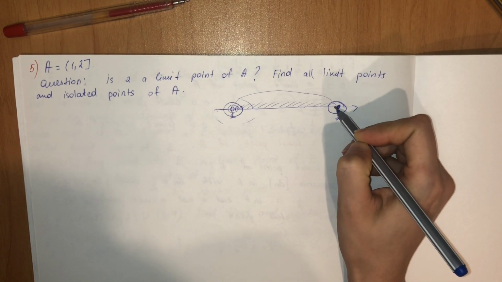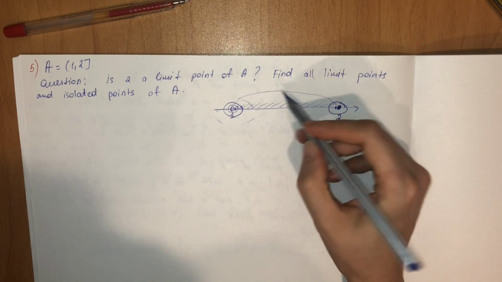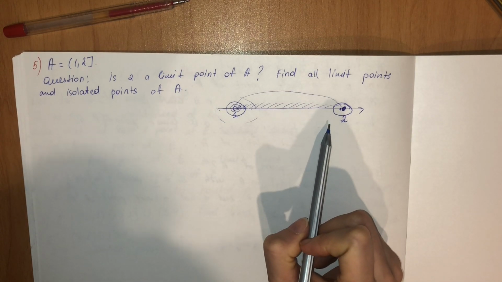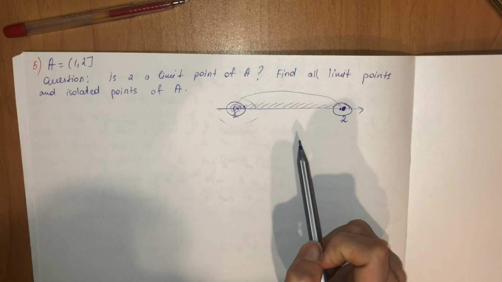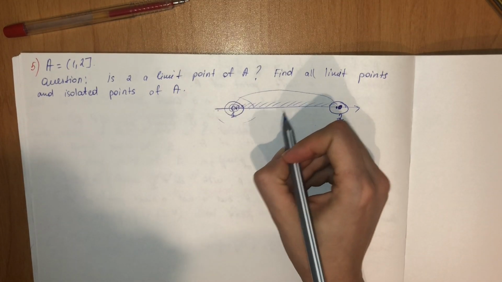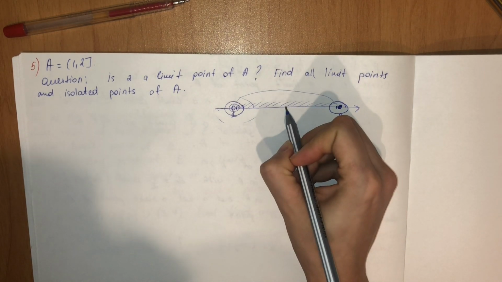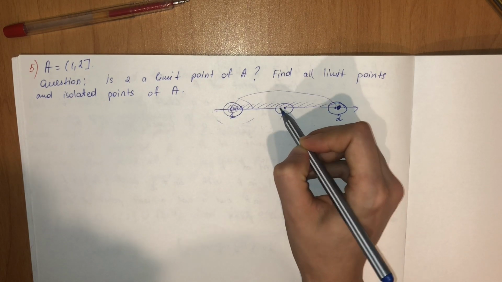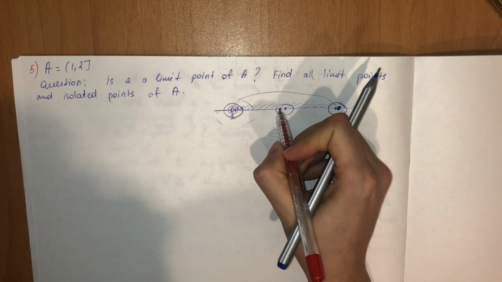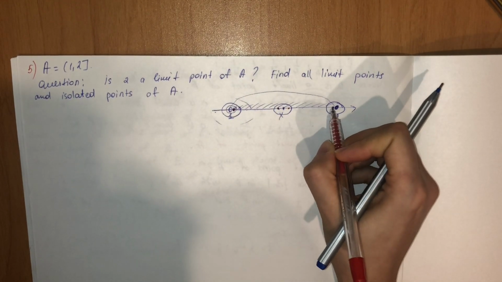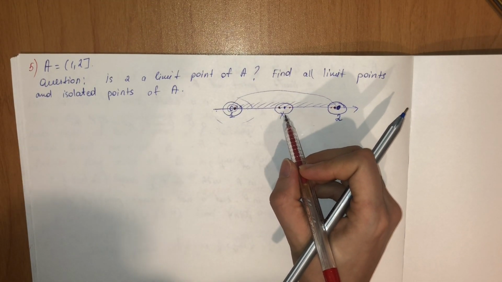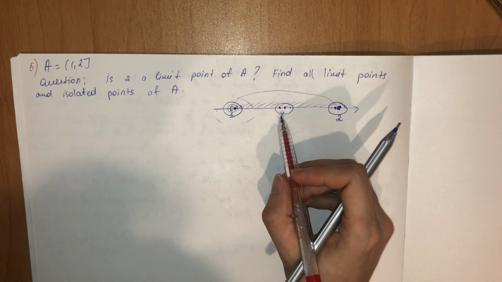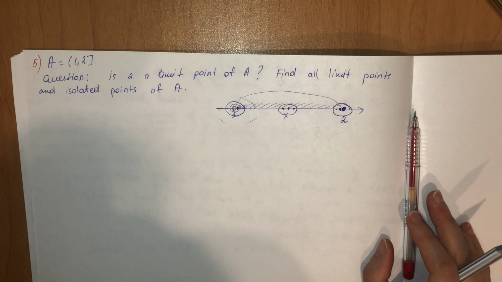It contains points here on the left hand side of 2, and there is at least 1 point from this set other than 2, and therefore 2 is a limit point of A. If we take a point X inside A, any neighborhood of X contains an element from A. If we pick any point X, every neighborhood of X contains a point in A other than X.